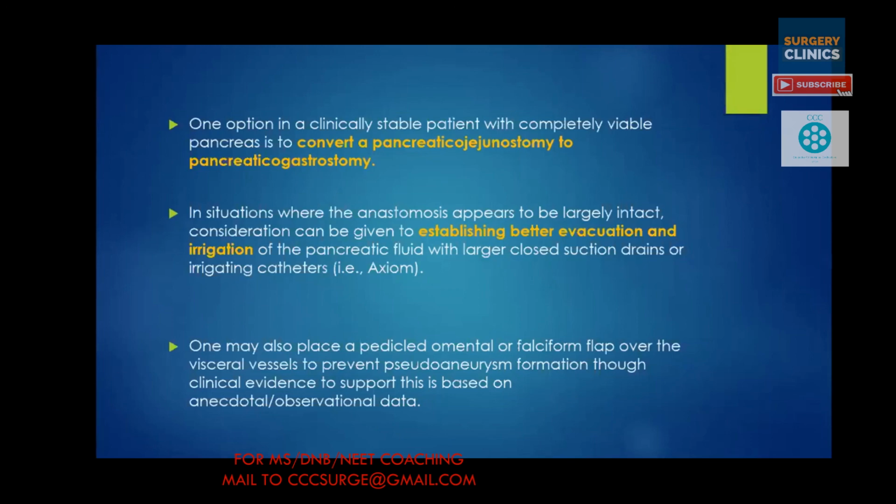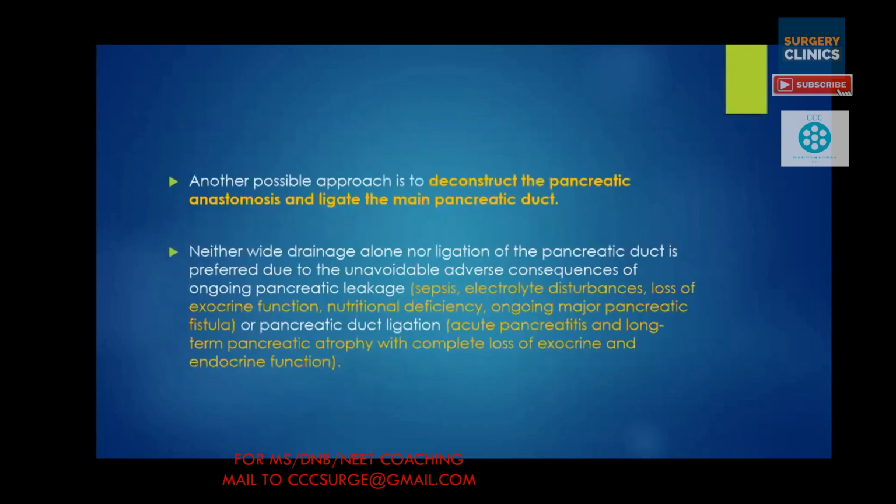Though the clinical evidence to support this is anecdotal or observational data, sir has also mentioned that. So whenever you're really pushed by the examiner, then you say this, or else you do not say it. Okay. And whenever it's very controversial, just say, sir, it's got very low evidence, so I did not mention it.